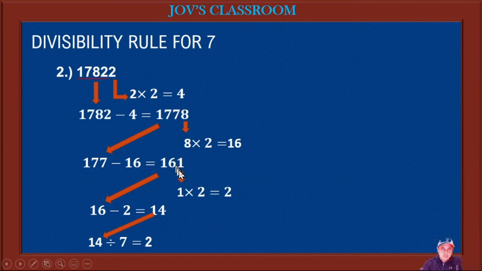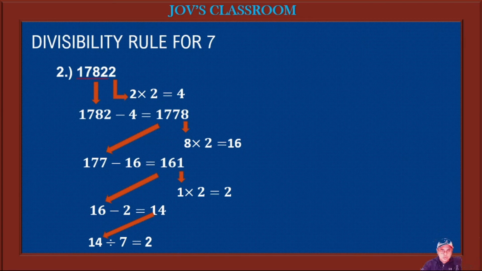The remaining digits are 16, so you have to stop there, because if you multiply by 2, 12 cannot be subtracted from the smaller number.